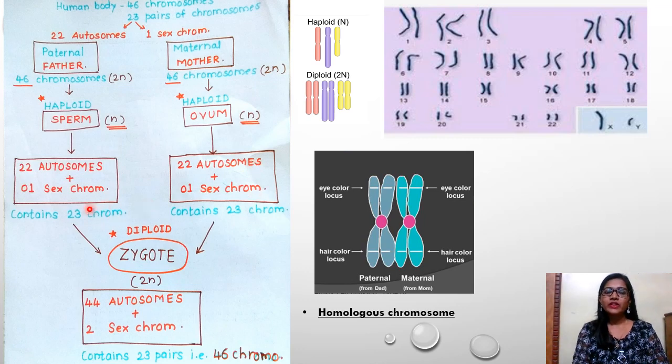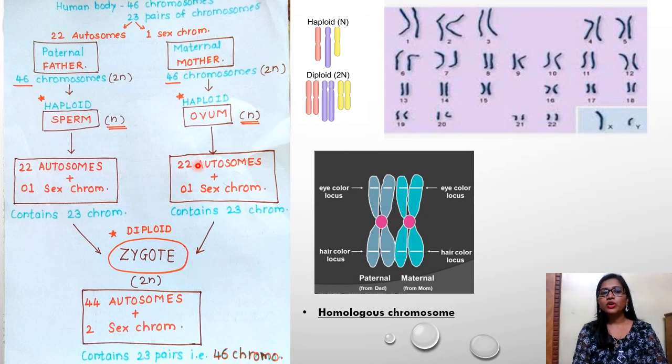When there is fusion of sperm and ovum, that is fertilization, a zygote is formed which is diploid in number. It contains 2n chromosomes, so each cell has 44 autosomes and 2 sex chromosomes. At the end, the zygote contains 46 chromosomes.